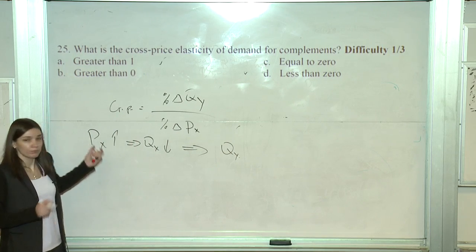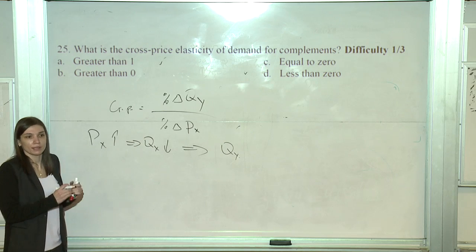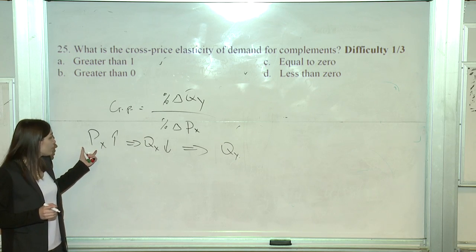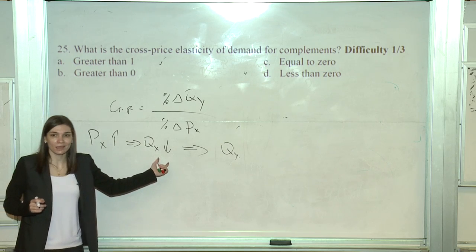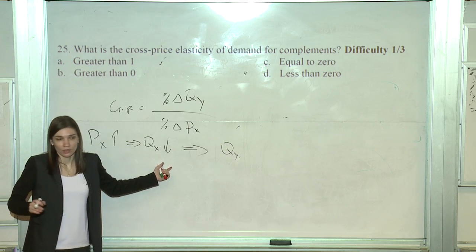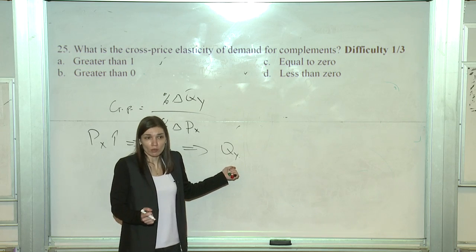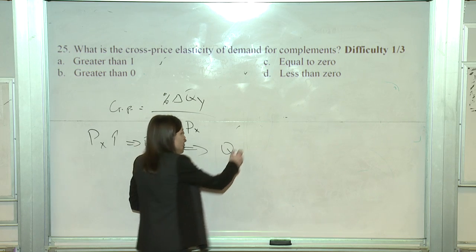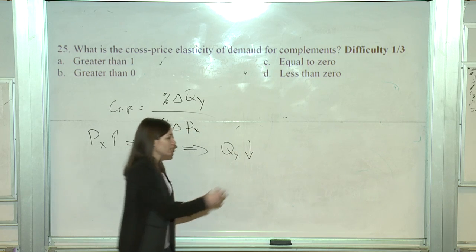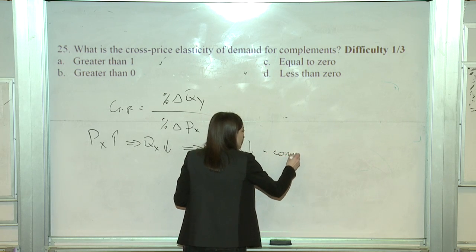The price of peanut butter and jelly, right? You only buy them together. The price of peanut butter goes up. I'm going to buy less peanut butter, for sure. Am I going to buy more or less jelly? Less, because I only buy them together, all right? So the quantity of jelly is going to go down, and this is when I have complements.